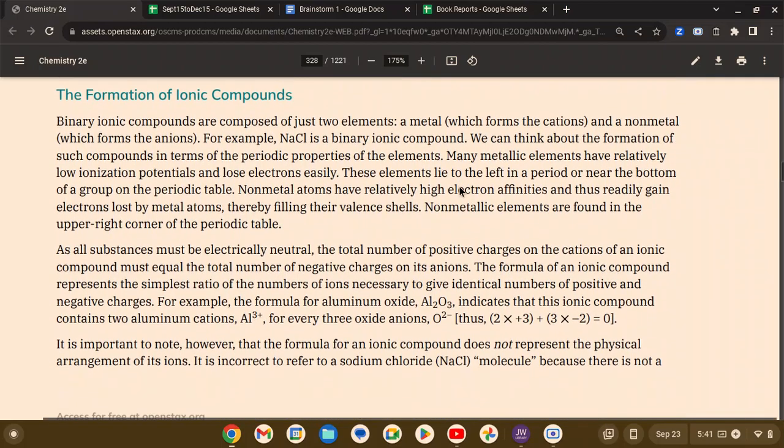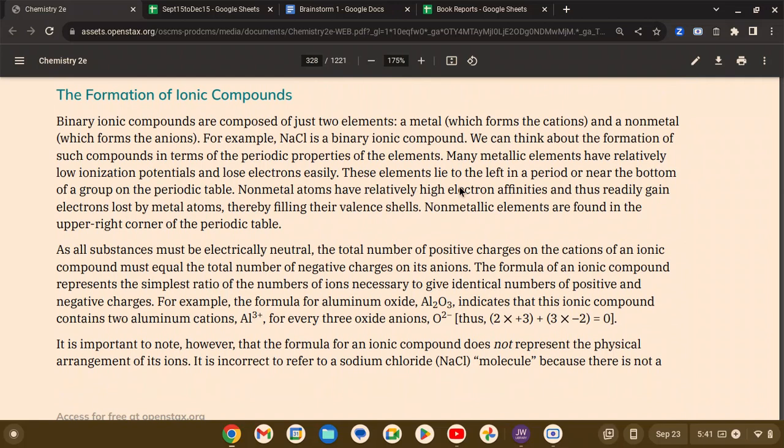The formation of ionic compounds. Binary ionic compounds are composed of just two elements, a metal, which forms the cations, and a nonmetal, which forms the anions. For example, NaCl is a binary ionic compound. We can think about the formation of such compounds in terms of the periodic properties of the elements. Many metallic elements have relatively low ionization potentials and lose electrons easily.